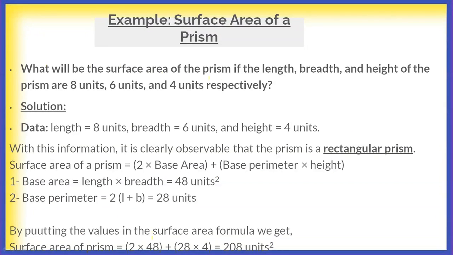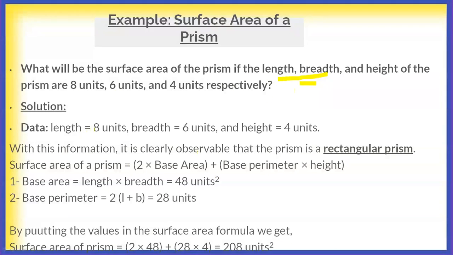What will be the surface area of the prism if its length, breadth, and height are 8, 6, 4, respectively? Okay, so what about it? We have all these three. We can use the formula we have learned in the previous case.